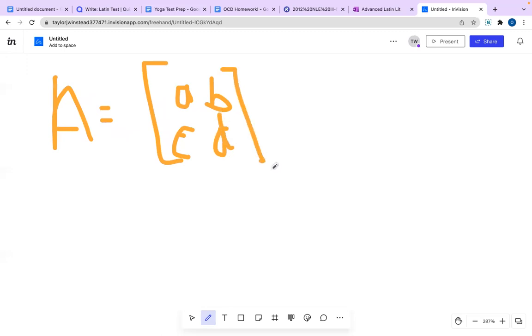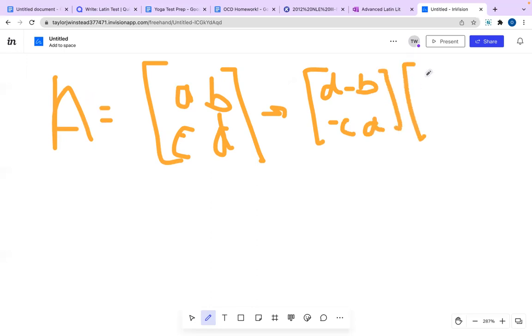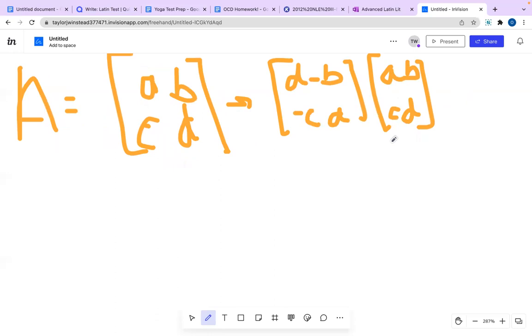Okay. So we want to figure out the product of D, negative B, negative C, A times A, B, C, D. And then from there, they want us to figure out when A is invertible, and if so, what inverse A is.